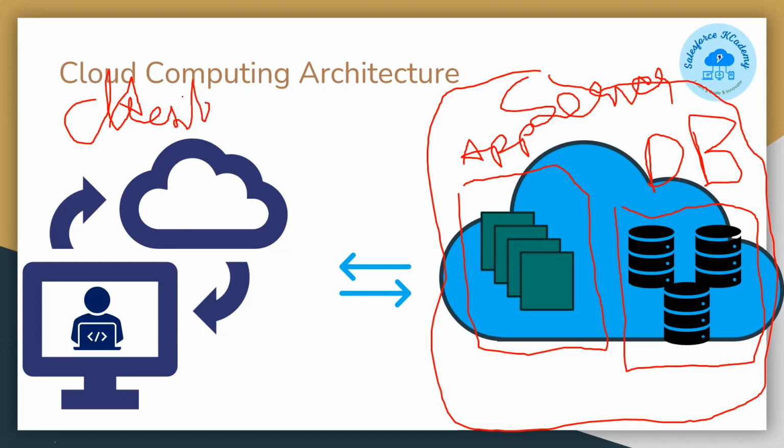And this cloud computing architecture is also called client server model or client server architecture. I hope this is clear to you. And the junction part, the medium through which this client and server communicate with each other or send data between each other, is the internet.